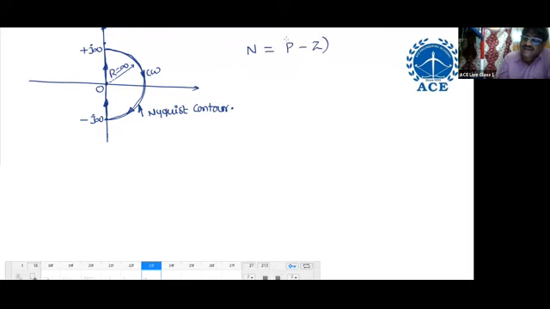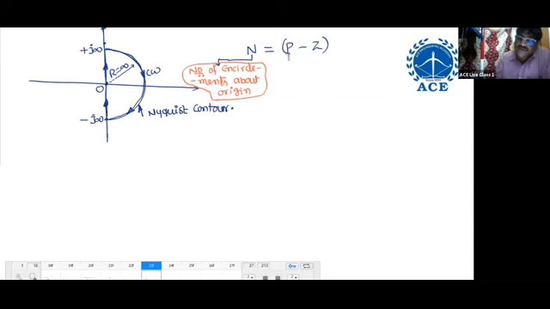N is called the number of encirclements about origin.